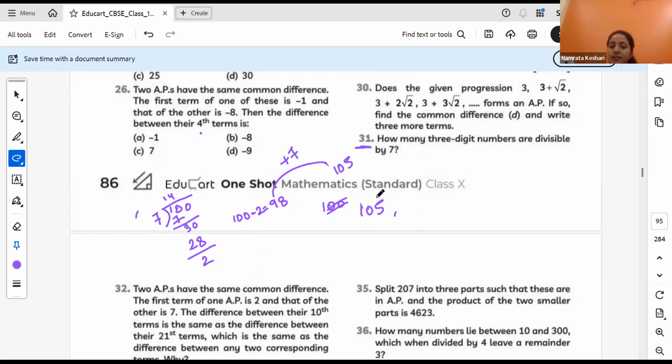Now we can understand that every time it will be a gap of 7. And the last three-digit number is 999. But again, the same problem, is it divisible by 7? So maybe not. Please check it and tell me what is the last three-digit number which is divisible by 7.